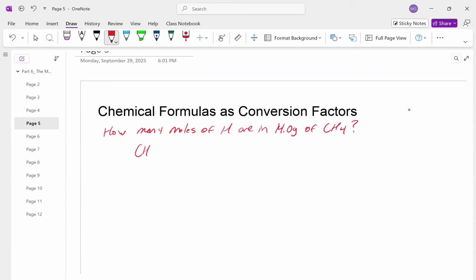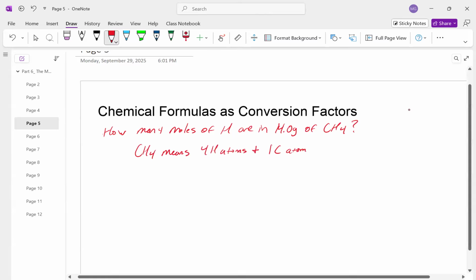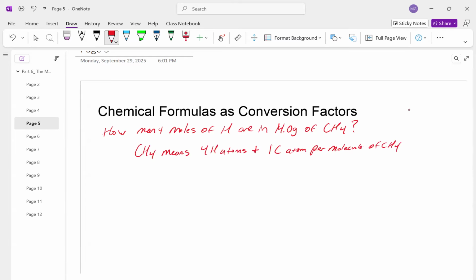Well, that formula CH4 means that there are four hydrogen atoms and one carbon atom per molecule of CH4. Now, if I had two molecules of CH4, then I would have two carbons and eight hydrogens total, and so on and so forth.